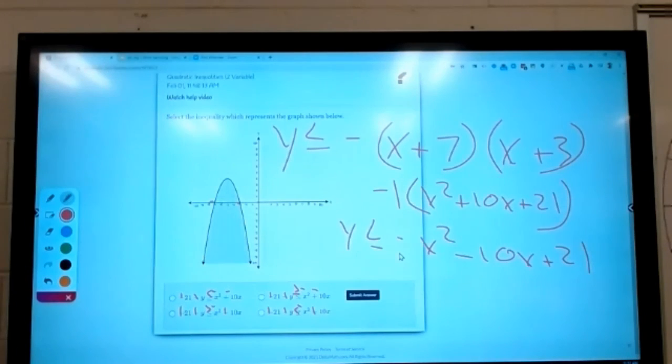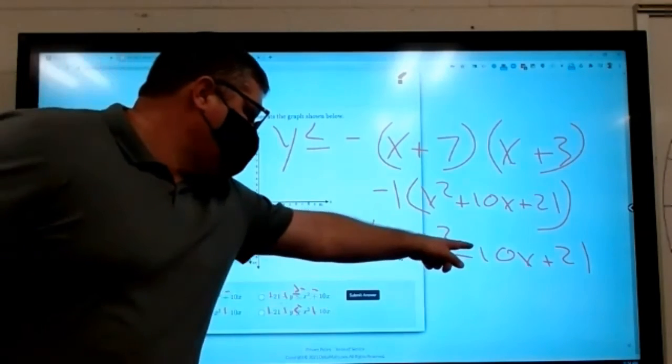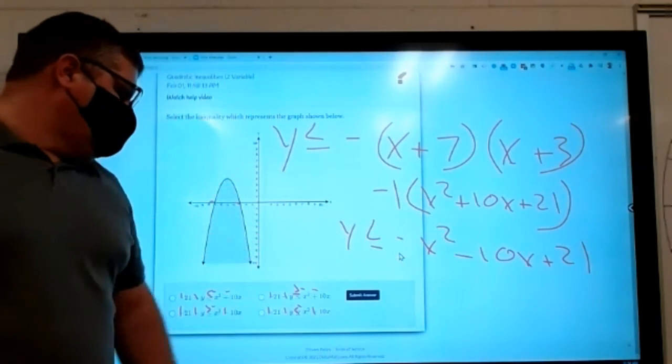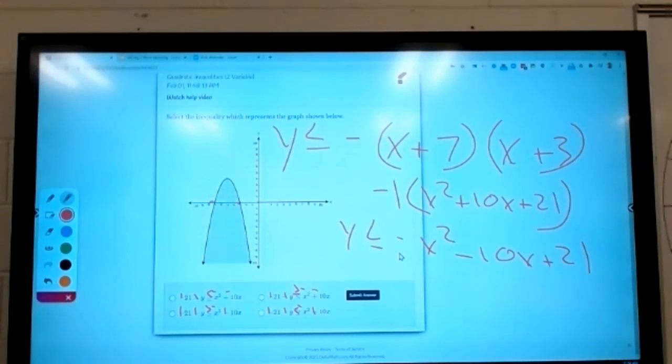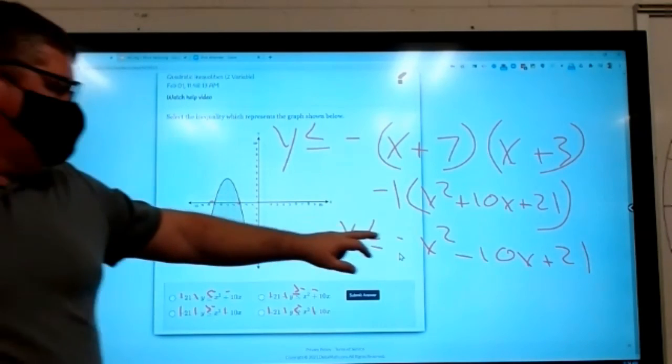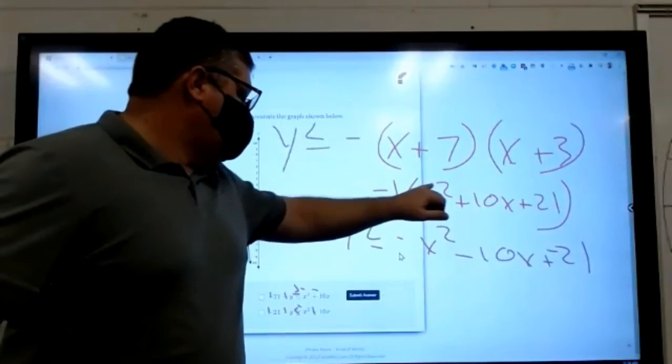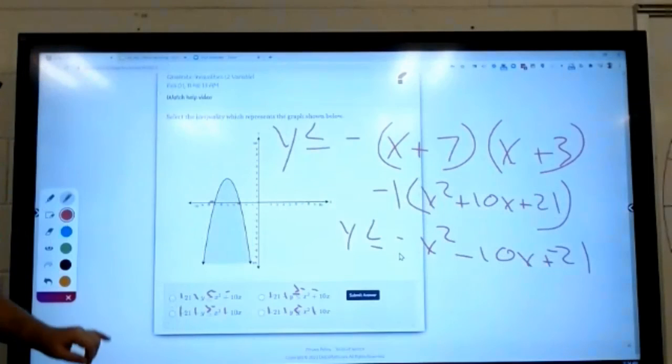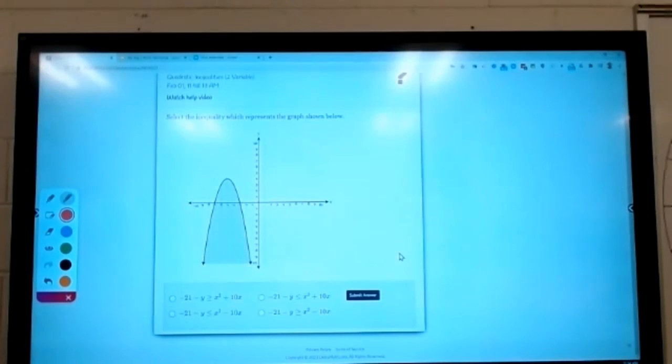Would that make my signs all correct in a hurry? So in this case, I need something with a negative 10 in the middle and something that the 21 will go over there. Oh, there, because I gave it away. Let's do another one of those.